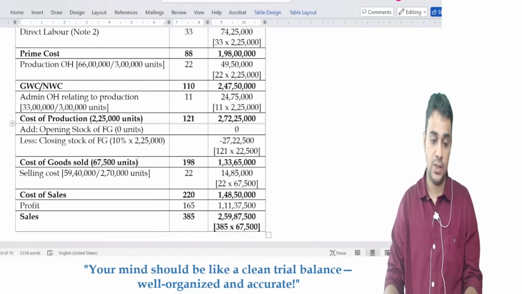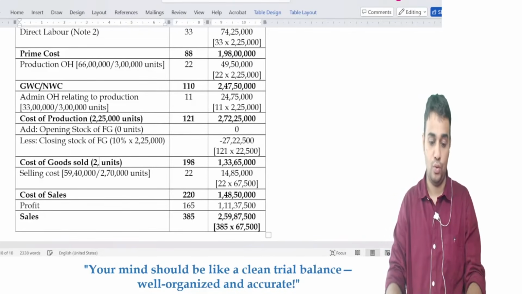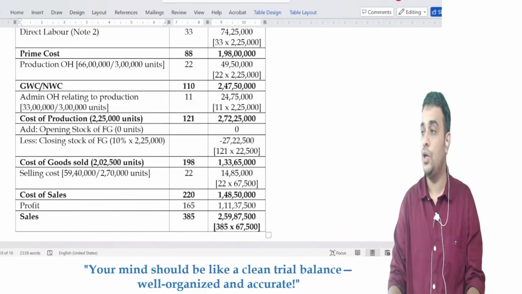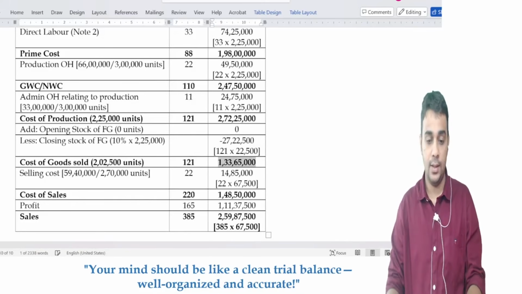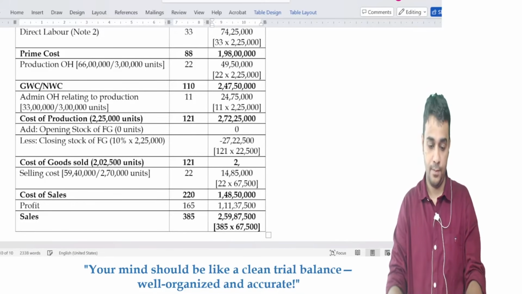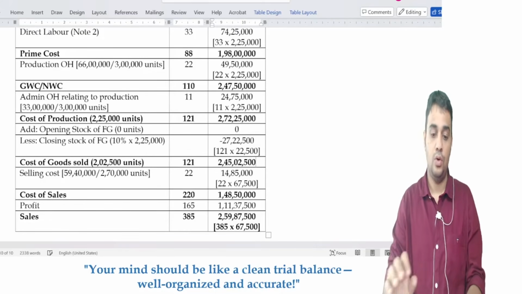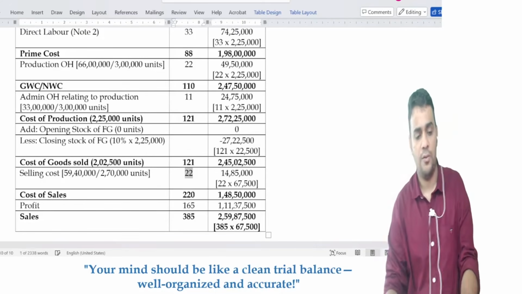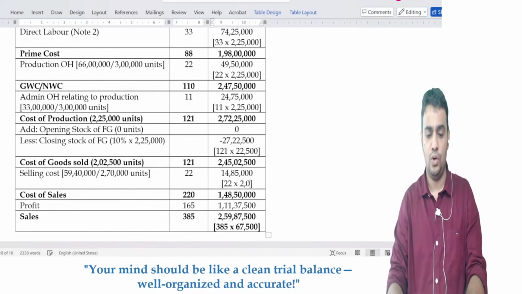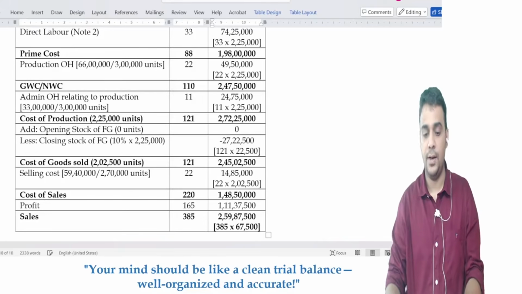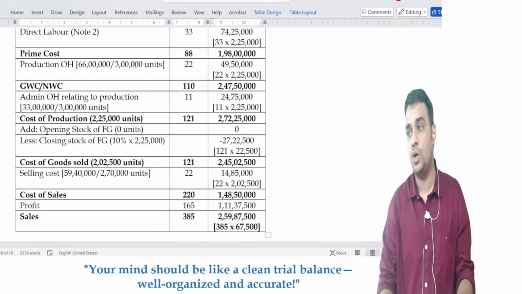The COGS number is for 202,500. This value is 121, and this is 2 crore 45 lakh 2,500. Again the same 22. 22 into 202,500.